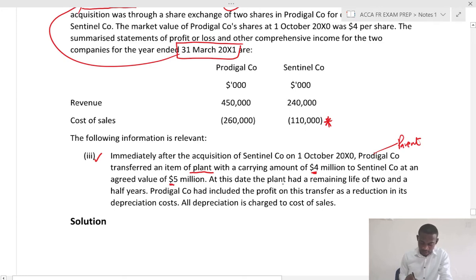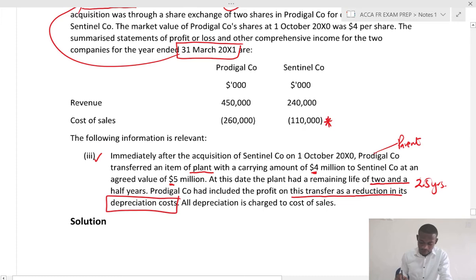At this date, the plant had a remaining life of 2.5 years. Prodigal had included the profit on this transfer as a reduction in depreciation cost. All depreciation is charged to cost of sales.